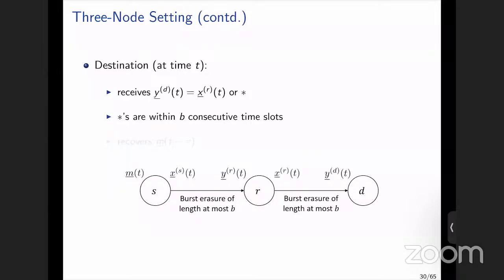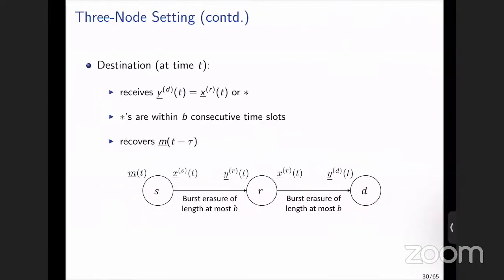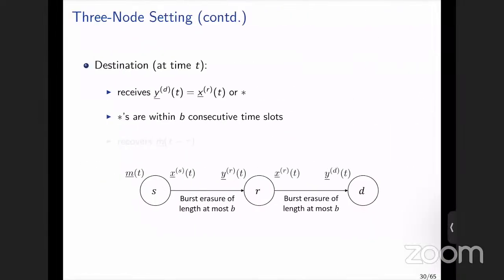We'll be assuming a burst channel model where the burst has length at most B. Furthermore, as in the point-to-point setting, right now I'm talking about time T. At time T, the destination, or the decoder, will be attempting recovery of the message sent at time T minus tau, because tau is the delay constraint. So at time T, you look tau time slots back: M of T minus tau is what the destination will try to recover at time T.